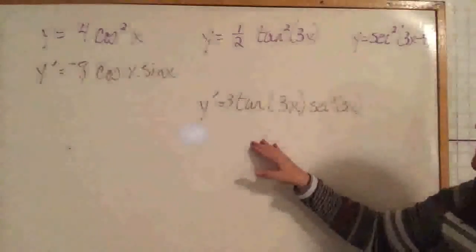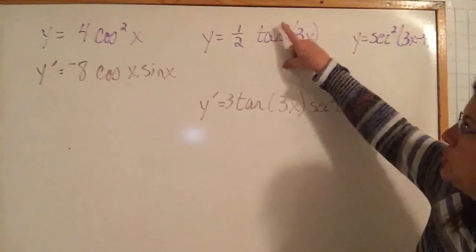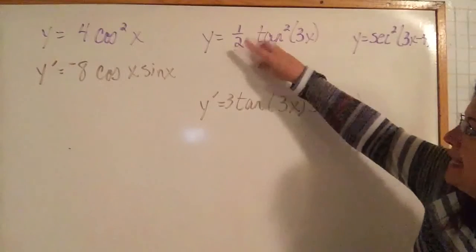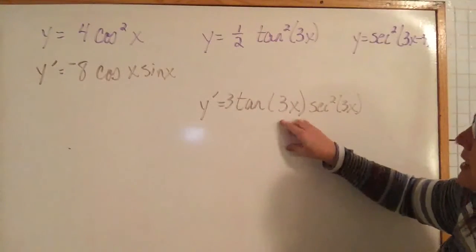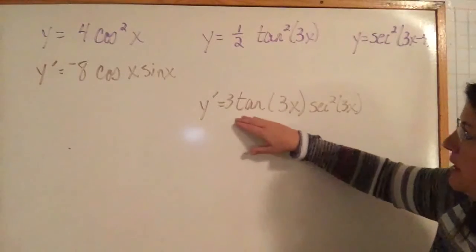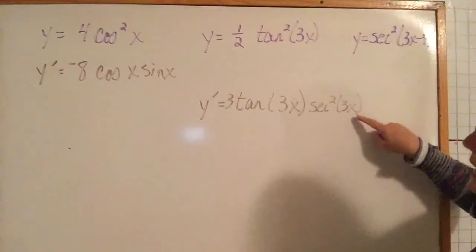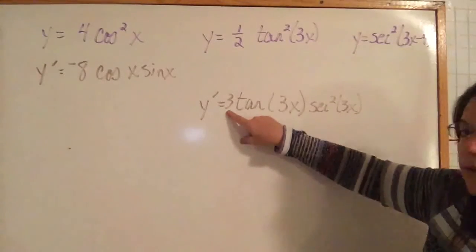For this one, we use the chain rule. This is the outer function, so 2 times 1/2 is 1 times tangent 3x. Then take the derivative of the function itself. Derivative of tangent is secant squared 3x, and then the derivative of the angle part was 3.